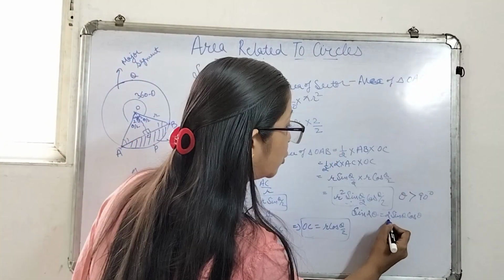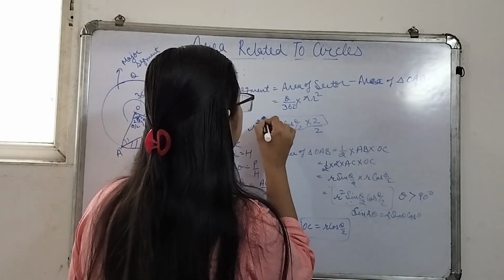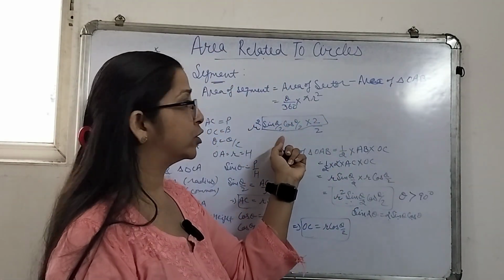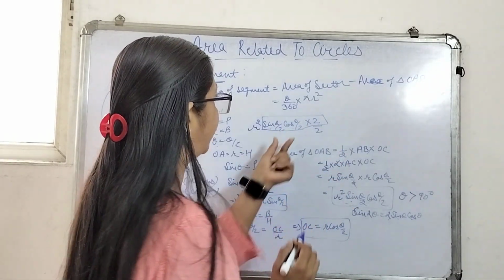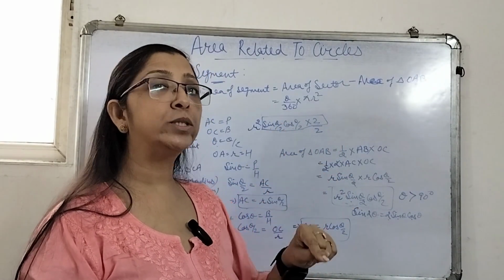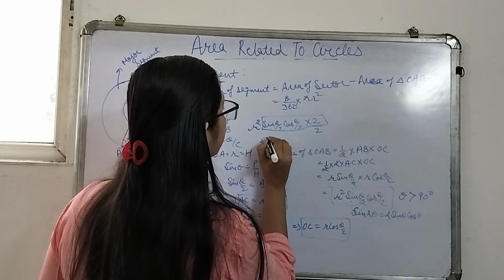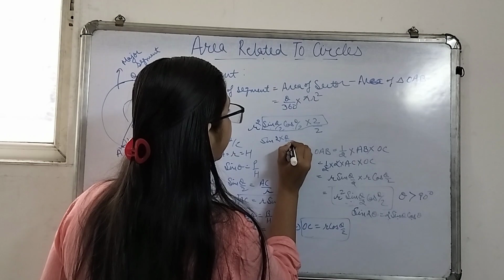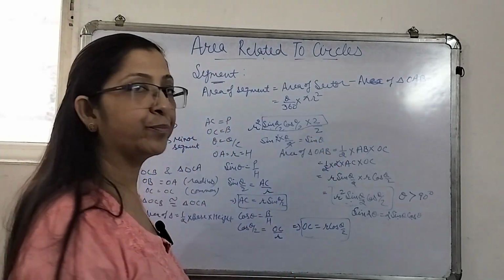So 2 sine theta cos theta, where theta is your theta by 2. So 2 multiplied by sine theta cos theta we can write as sine 2 theta. That means sine 2 multiplied by theta by 2, that is, sine theta.